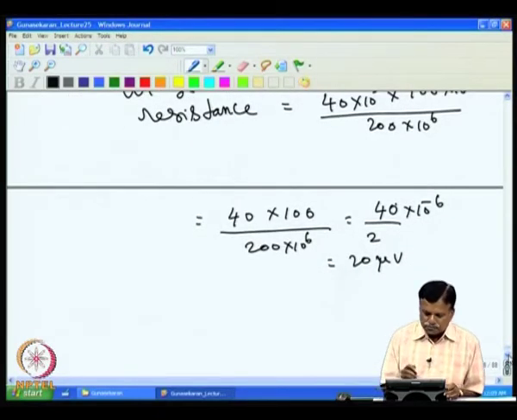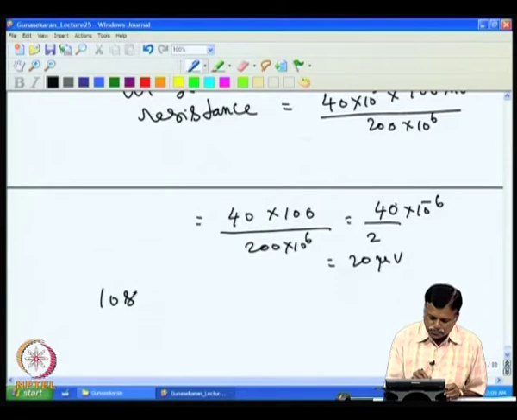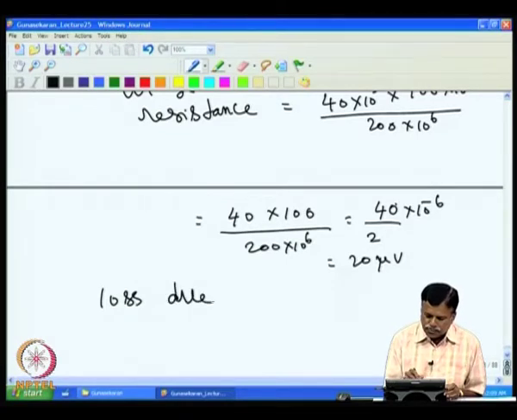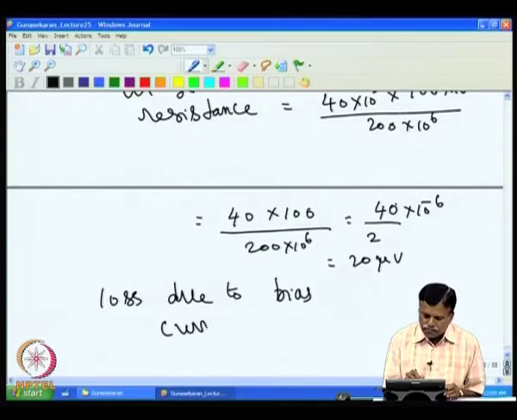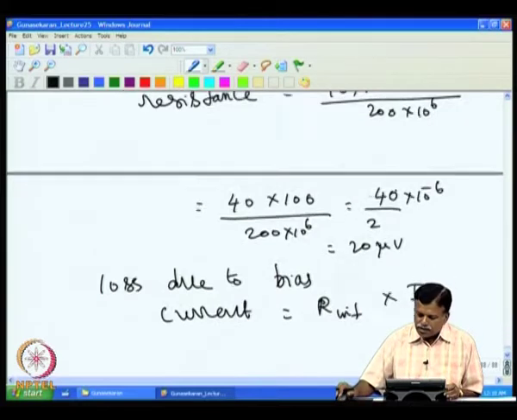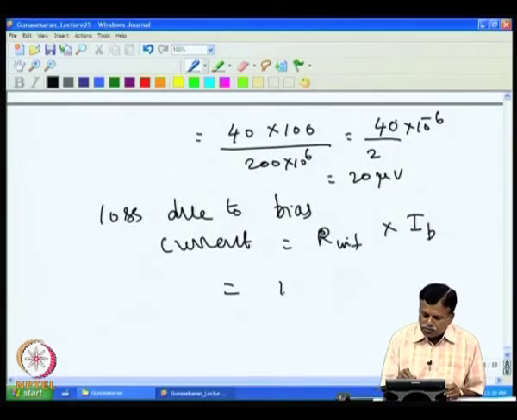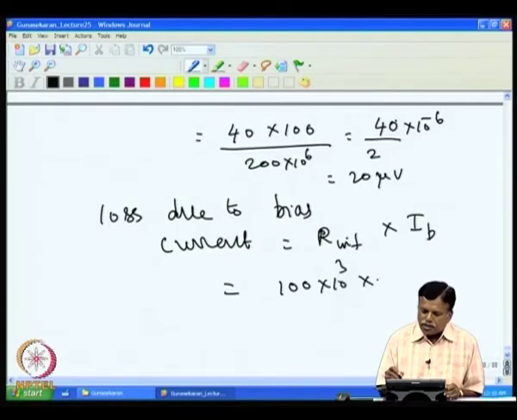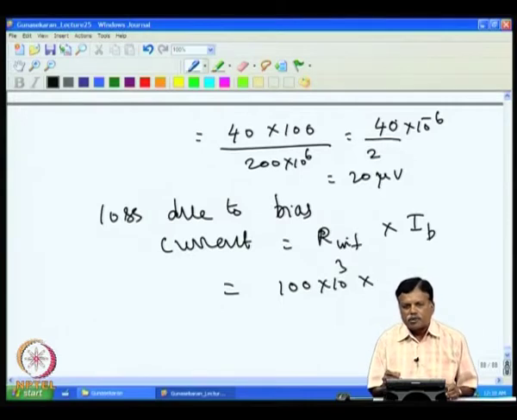Now, loss due to bias current. That would be R internal resistance into IB. In this case, 100 kilo ohm, 10 power 3, into IB. For example, if I use a general purpose op amp, it will be in nanoamps.